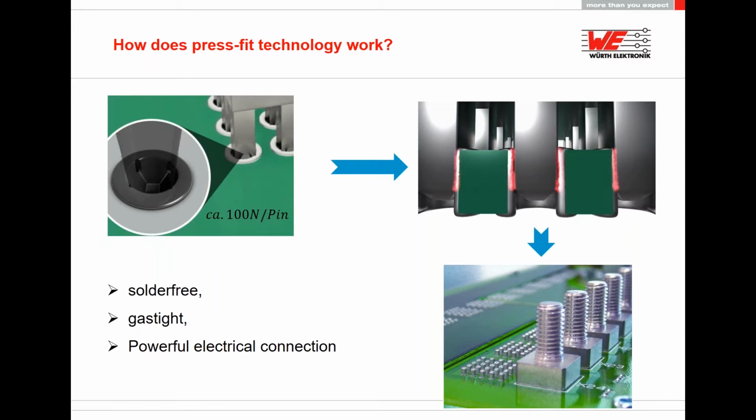And this cold welding is the main point of the press fit technology. With this cold welding, we get a really powerful electrical connection, and we also create a gas-tight connection.